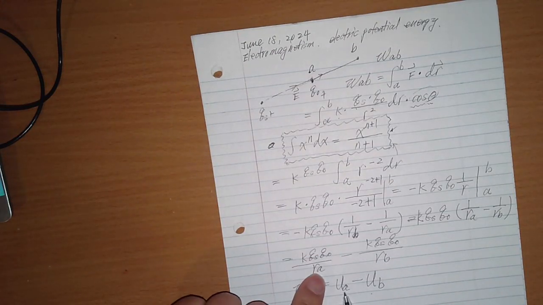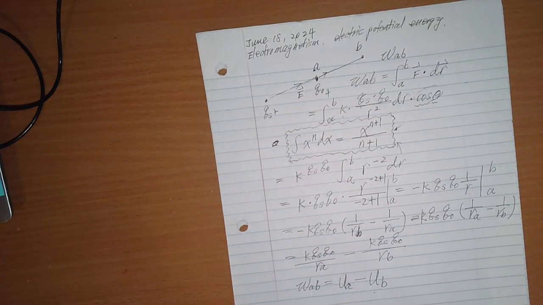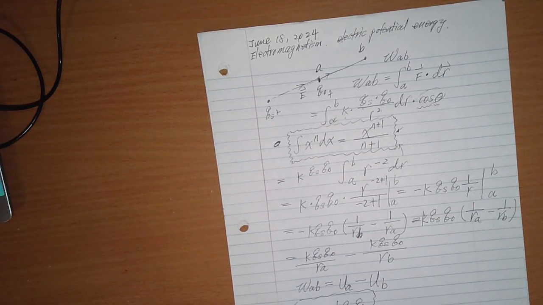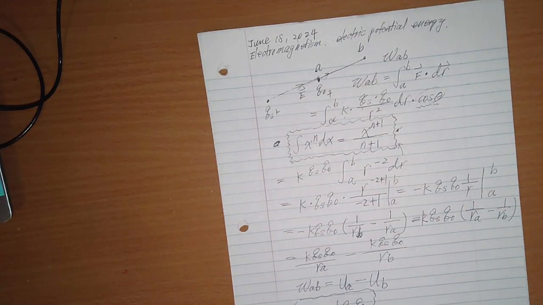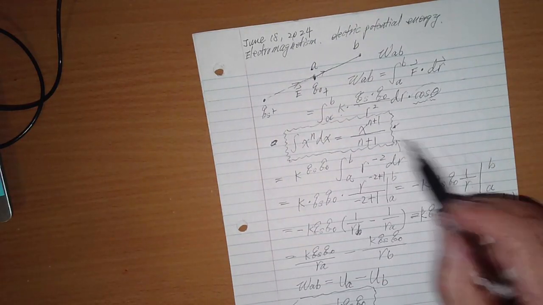So notice this A matches that A, this B matches that B. So the potential energy can be defined as K QS Q naught over R. Right? So this is the important formula you need to memorize, because this tells you how to calculate the potential energy for point charges.